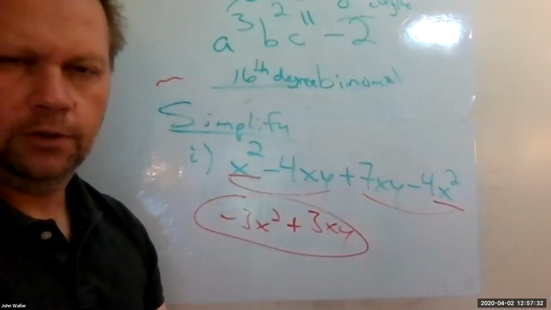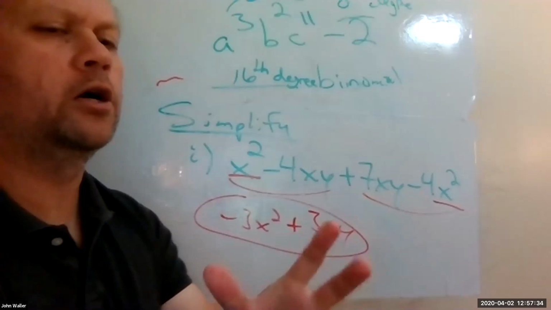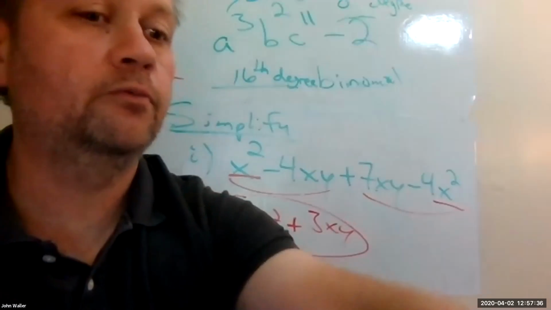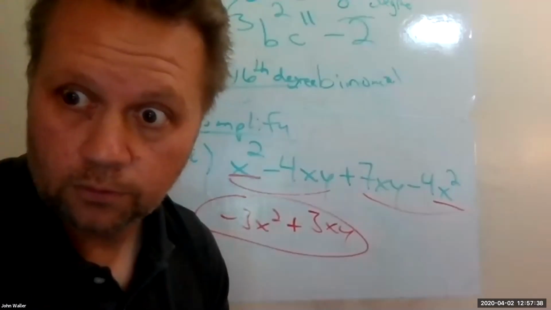Cool. So here's a harder example of this. Okay, go ahead. Can you explain how you know what is different about the polynomial?